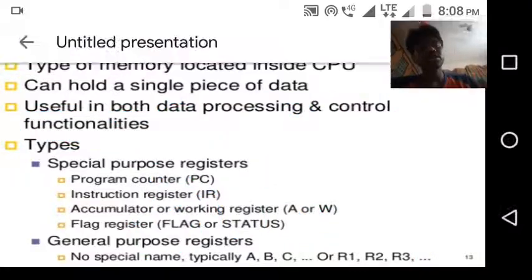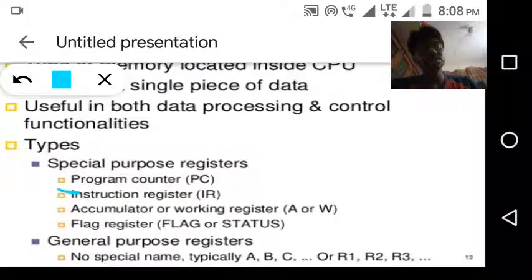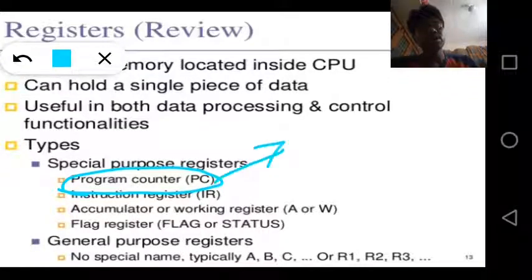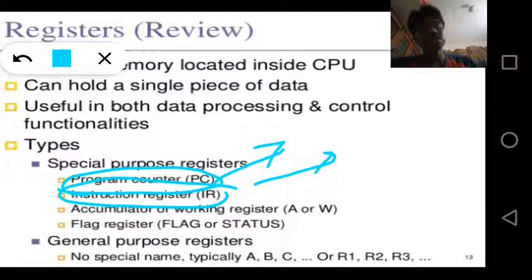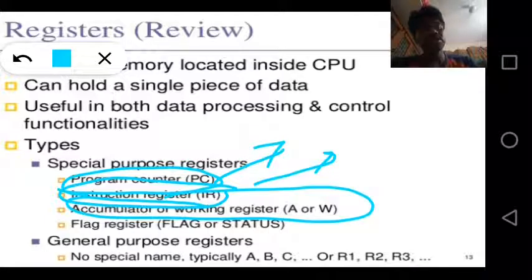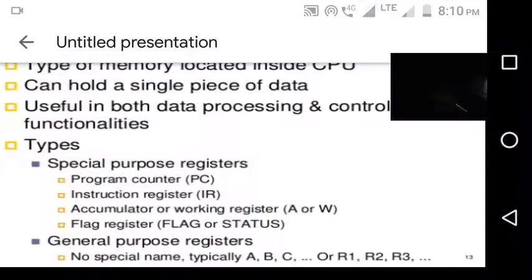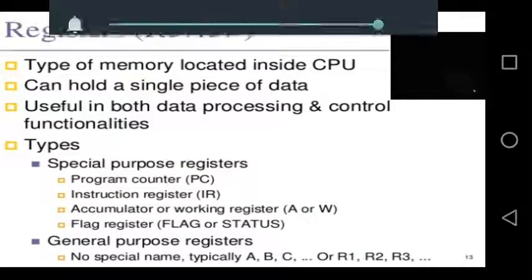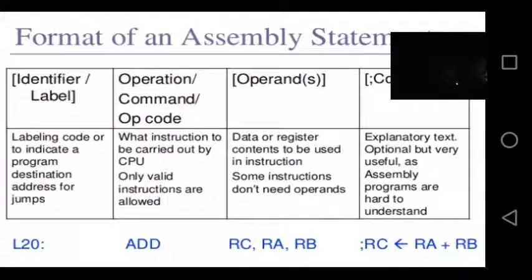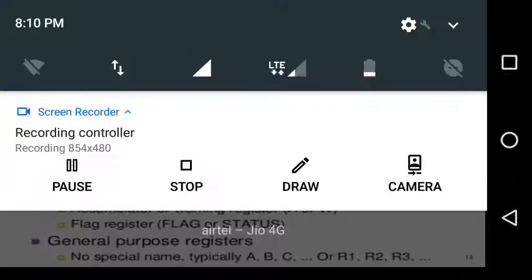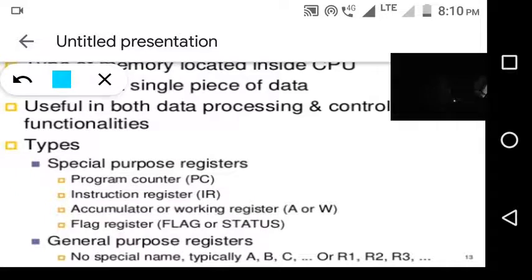There are some special purpose registers such as the program counter, instruction register, accumulator or working register, and flag register. PC stands for program counter.